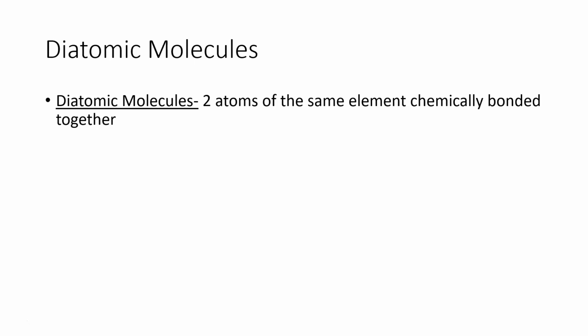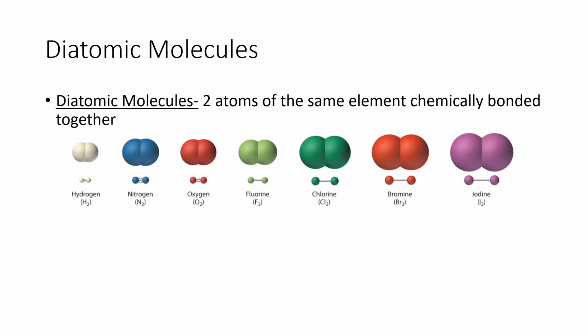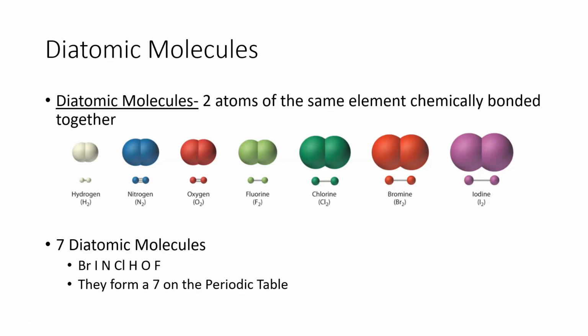So diatomic molecules are 2 atoms of the same element that are chemically bonded together. This includes hydrogen, nitrogen, oxygen, fluorine, chlorine, bromine, and iodine. You are responsible for knowing the 7 diatomic molecules. I remember them by the name Brinkelhoff.